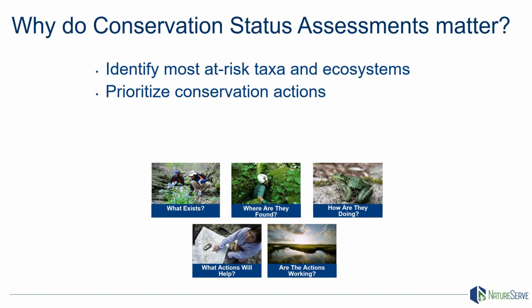For planners, land managers, and land management agencies, understanding the relative rarity of species and ecosystems on their land compared to the overall rarity of these elements can help prioritize conservation decisions and actions and inform land management plans. In addition, assessments guide states and provinces in prioritizing conservation efforts within their jurisdiction.